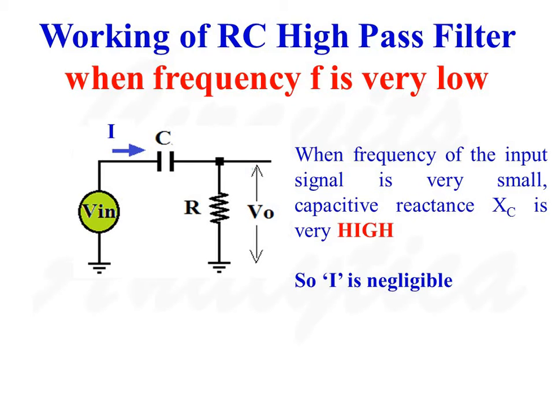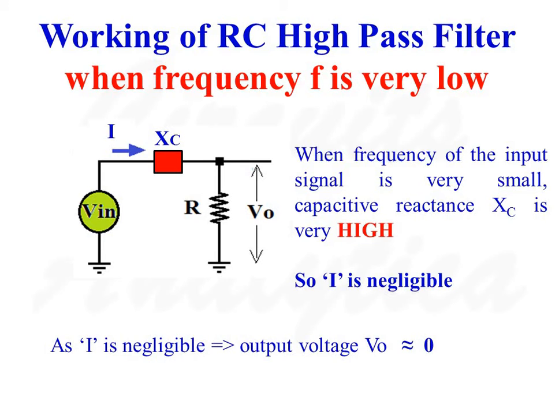That means current I is very small, as reactance Xc is very large. As I is negligible, voltage drop across resistance R is a very small value which is very close to 0. So output voltage V0 is approximately equal to 0 when frequency of the input signal is very low.